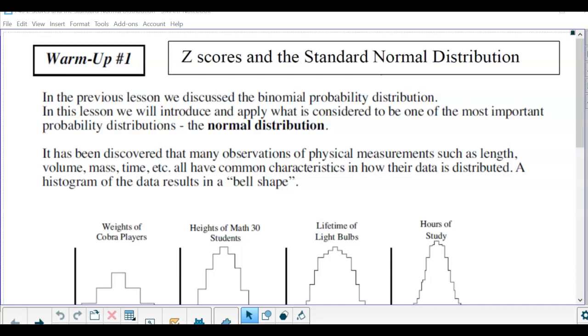Normal distribution means with all the data that you have, if you were to graph it in a probability histogram or spike graph like yesterday, and we join up the tops of the spikes, it would form that bell-shaped curve. The highest bar is in the middle, so the median is there.